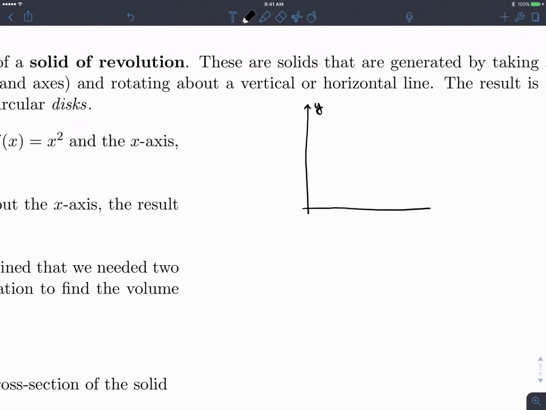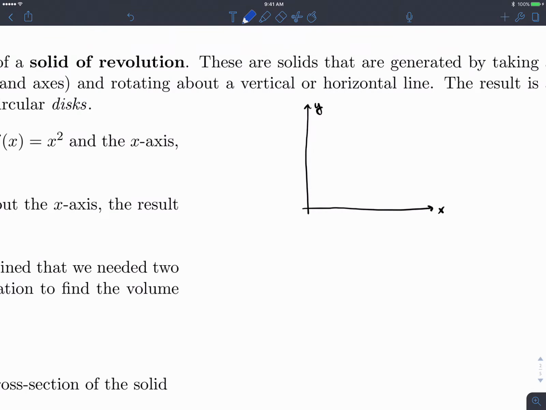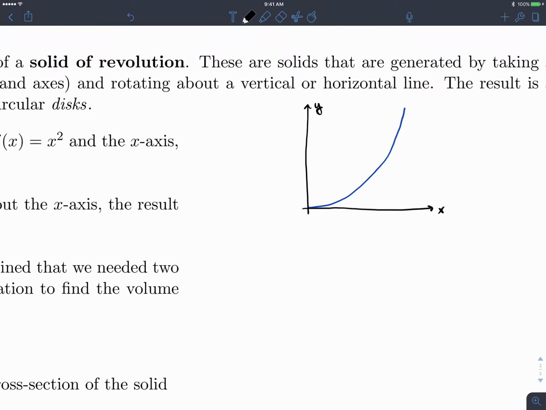So here's y, and this is not really going to be to scale, but hopefully that's okay. And we'll have our curve x squared, and this is going to go to x equals 3, so from 0 to 3.